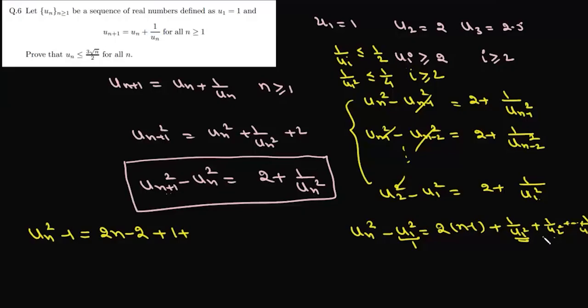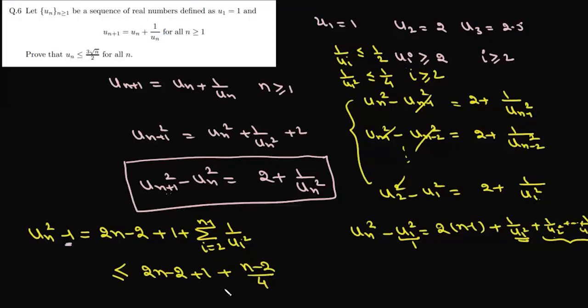So for all these terms from 2 to n minus 1, the summation as i varies from 2 to n minus 1 of 1 upon Ui square will be less than or equal to, now this is 2n minus 2 plus 1 and plus, now this is 1 by 4, 1 by 4, 1 by 4, n minus 2 times. So it will be n minus 2 by 4.